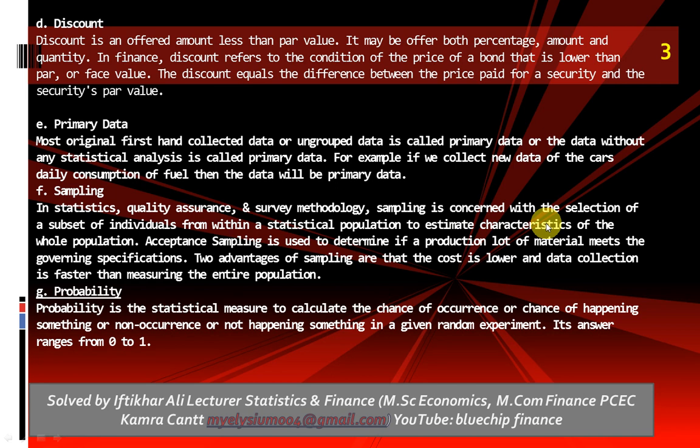After that, probability. Probability is a statistical measure to calculate the chance of occurrence or non-occurrence, the chance of something happening or not happening. A probability answer always ranges from 0 to 1, both inclusive. It may be 0, it may be 1, or it may be between 0 and 1.